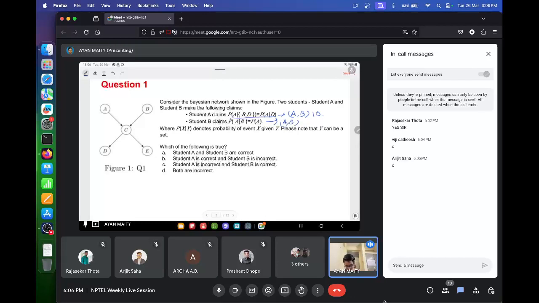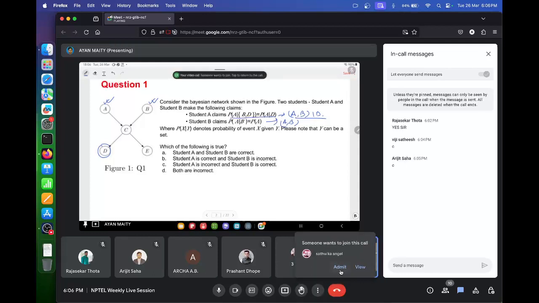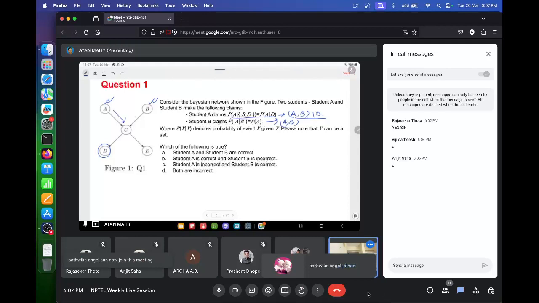So this is the Bayesian network. The first claim is A and B are independent given D. So here are A and B, and this node D is given. C is the common child of both the nodes, A and B, for which we have to find out the independence.